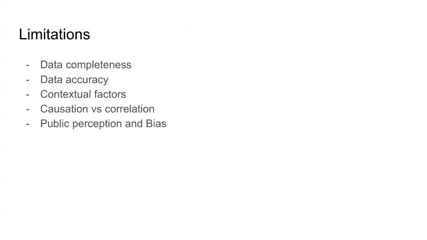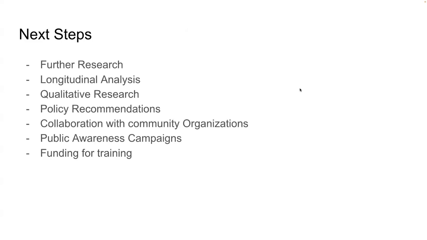We also need to keep in mind causation versus correlation. While we do identify associations with the chi-square test and the p-values, causation cannot be established here. And just the public perception, given the high-profile public cases in the past few years.